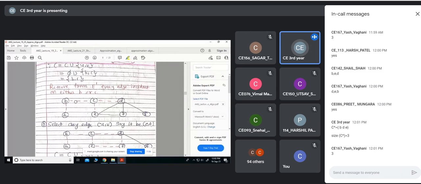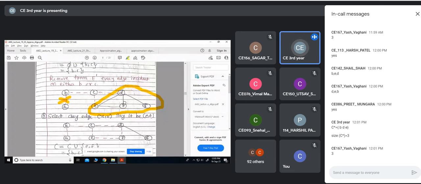So in addition to BC, I have to delete these, which is why I've shown them dotted: BA, EC, and CD. Remember BC is not going to come again. So now my graph is just this one. From this graph, you have to select again an arbitrary edge because the set of edges is not empty. So let us take EF. You can take any.